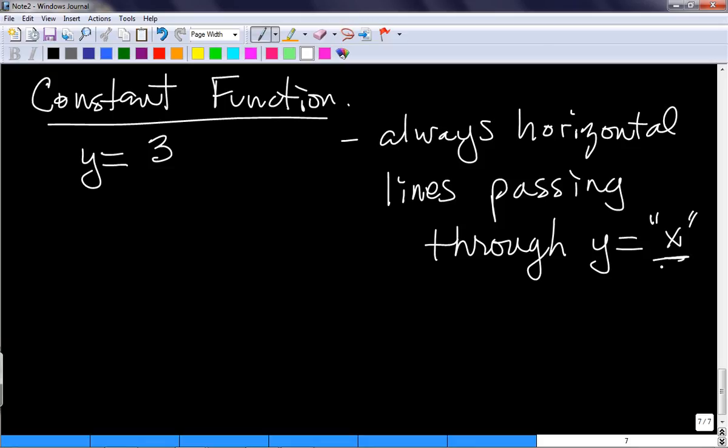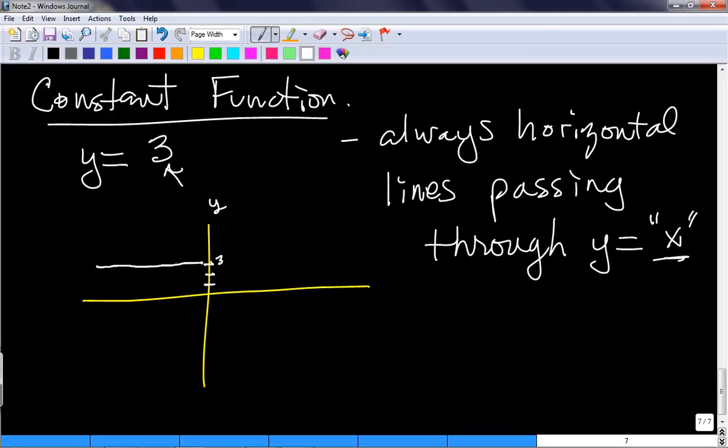So it's passing through y equals 3. So here's the y values here. And if we have y equals 3 right here, this function is a straight horizontal line passing through y equals 3. See that? Very, very easy. Okay?